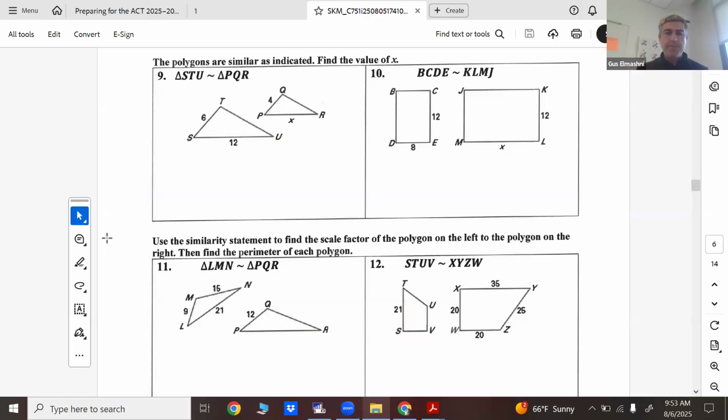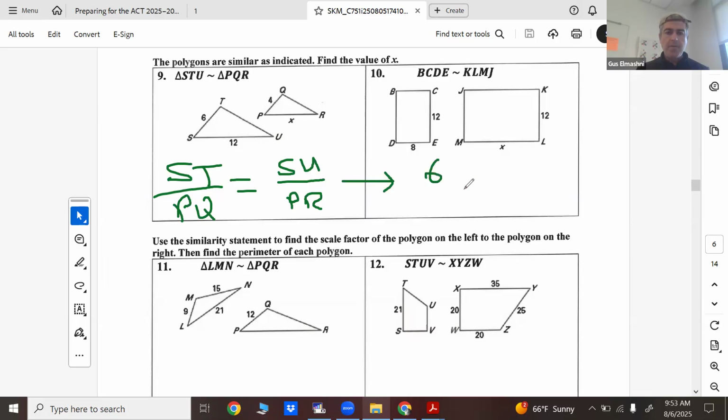STU, PQR. So ST over PQ must equal SU over PR.